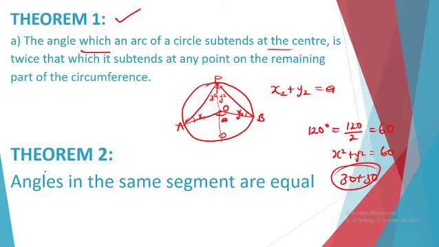The second theorem says that angles in the same segment are equal. If we have a circle, and then we'll have a triangle like this, then we'll have its radius to be this.